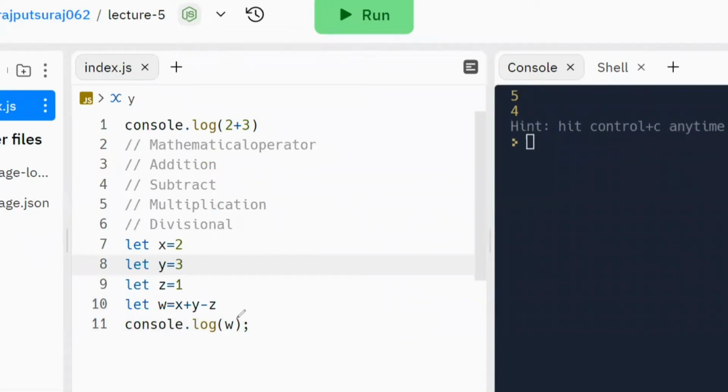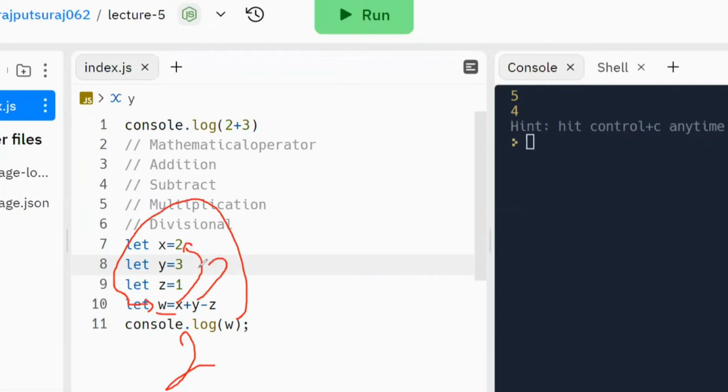This will go upside and check where the variable w is assigned. It will go and check where x is, or what the value of x is. Here you can see 2. And what is y?